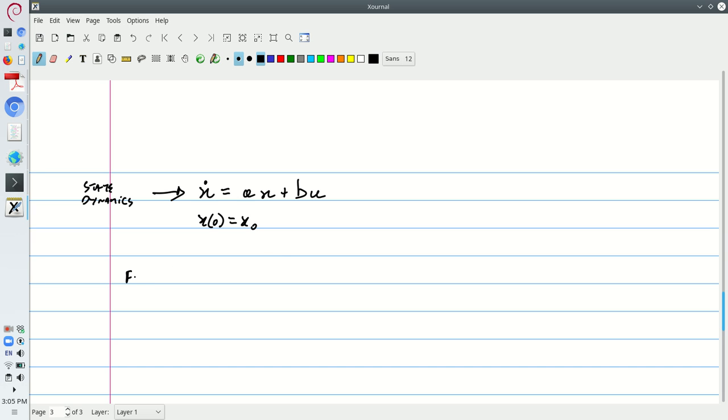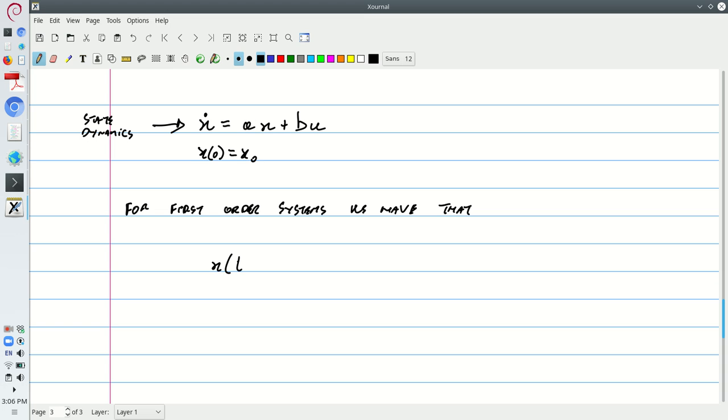For first order systems, we have that the expression of x of t can be obtained by e to the at times x0 plus the integral from 0 to t of the exponential of a (t minus tau) b u of tau d tau.